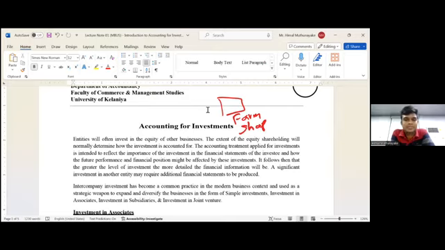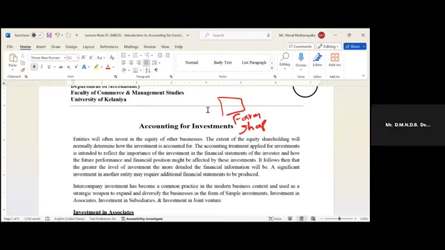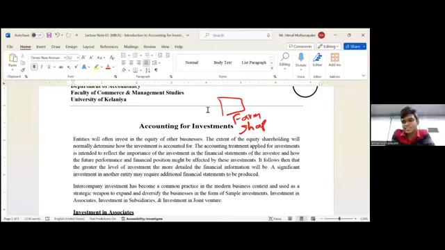How can you expand this business? What are the ways? Open a new shop. Yes, open another shop, let's say open a new outlet.